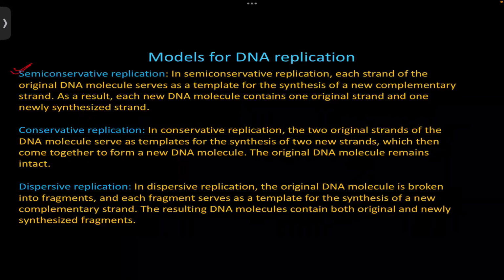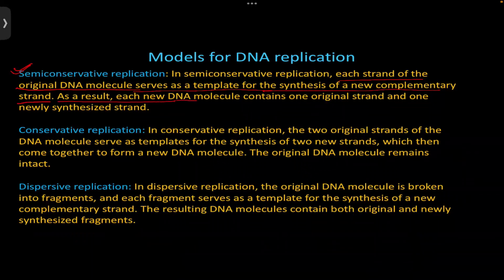What happens in this replication is that each strand of the original DNA molecule serves as a template for the synthesis of new complementary strand. As a result, each new DNA molecule contains one original strand and one newly synthesized strand. So there is the parent DNA molecule.